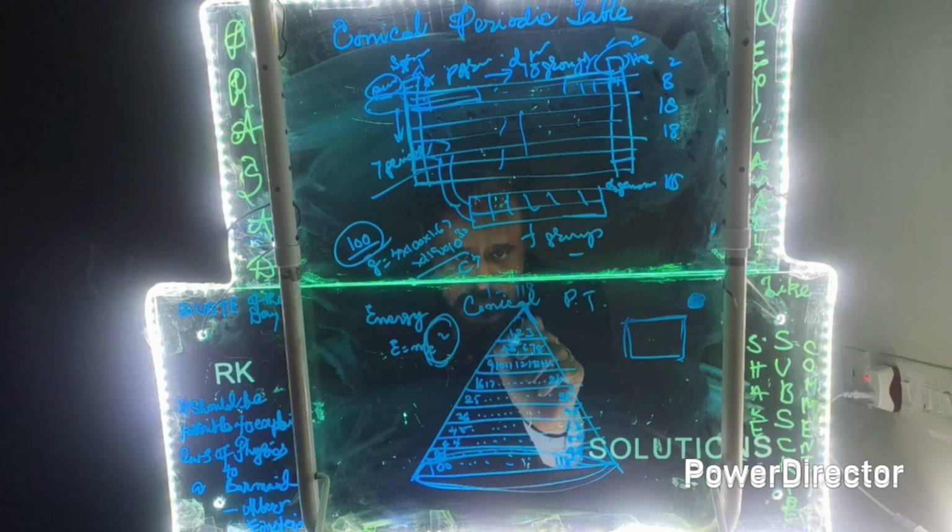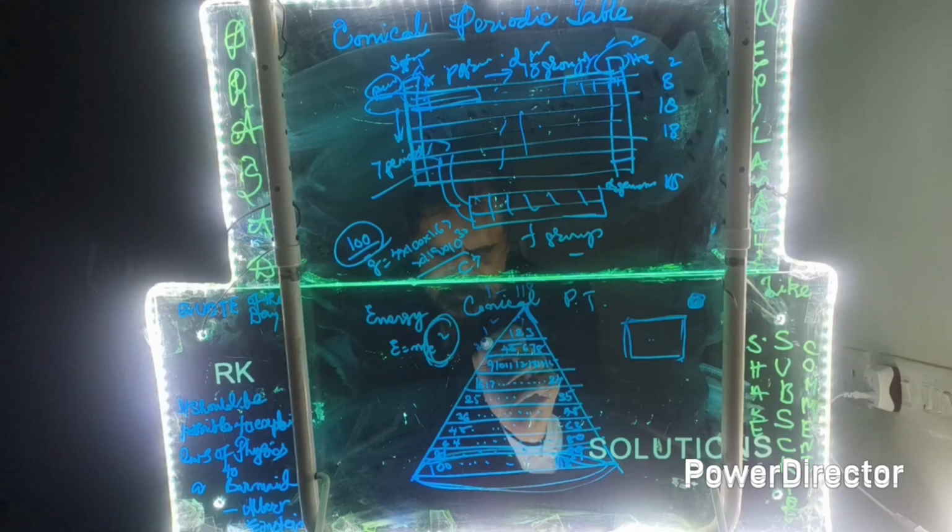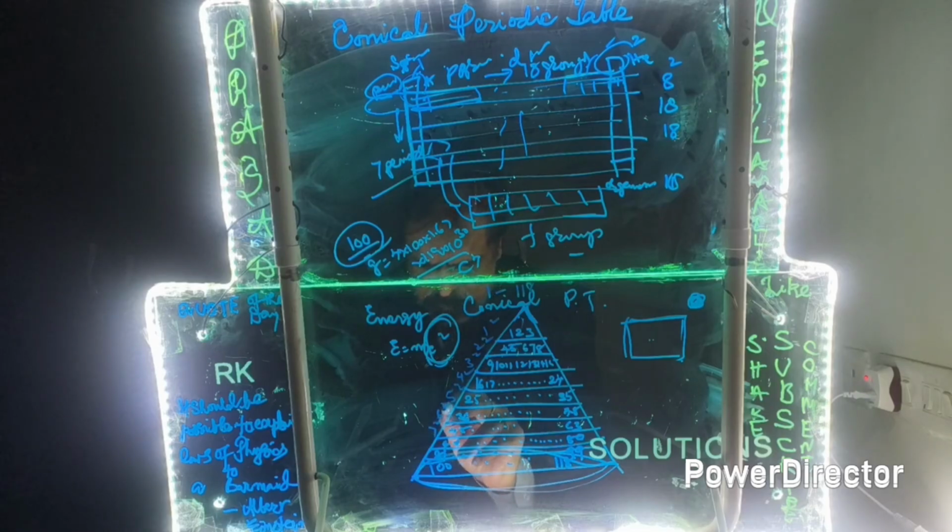The first square is 1 squared. Second is 2 squared. Third is 3 squared. 4 squared, 5 squared, 6 squared, 7 squared, 8 squared, 9 squared, and 10 squared.